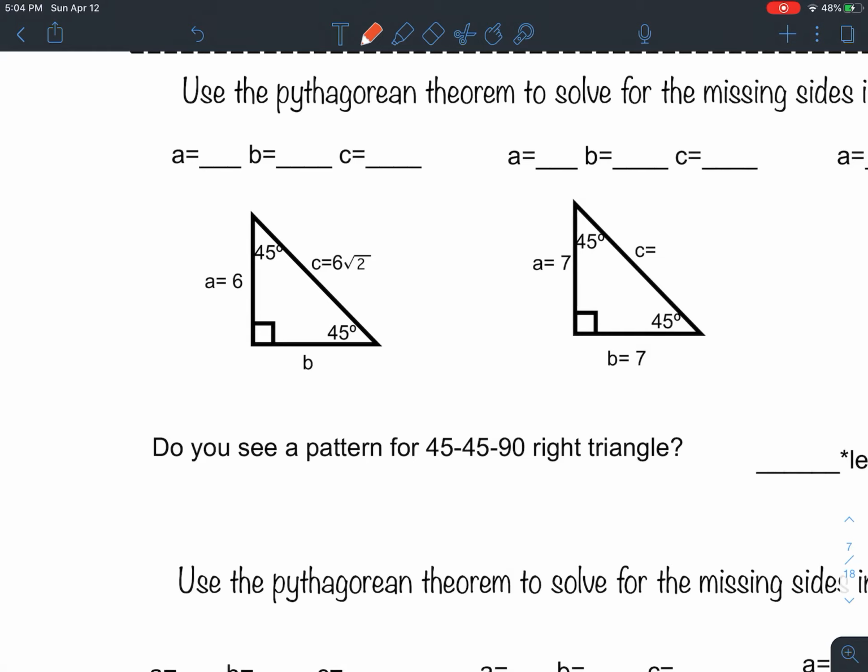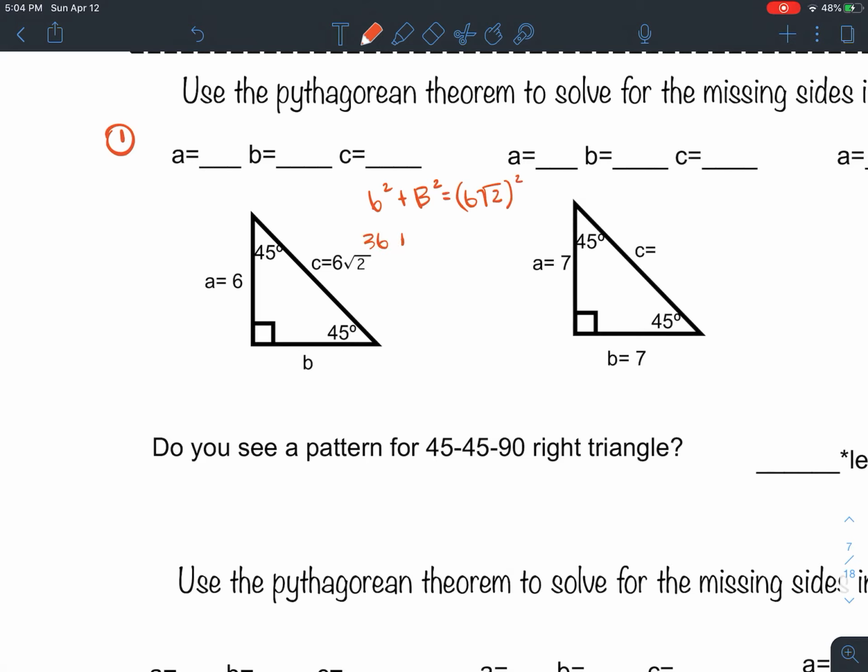If I work through here on example number 1, I'm going to write it up here: 6 squared plus b squared is equal to, and remember from yesterday, make sure that you put all of this in parentheses, (6 square root 2) squared.